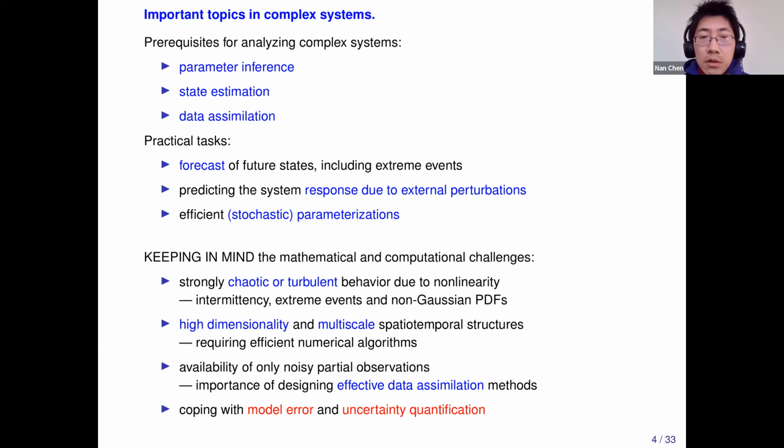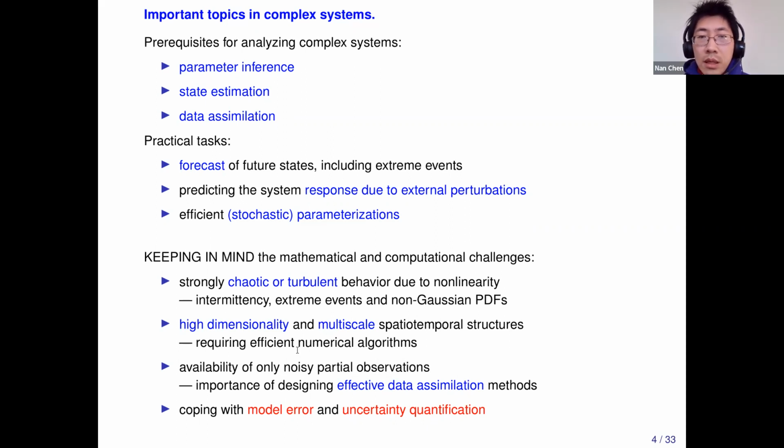From a practical point of view, usually we are only able to get partial observations. So you can get the data from the sea surface of the ocean, but not the data in the deep ocean. So we have to design suitable data assimilation algorithms to recover the hidden states and then try to understand nature.